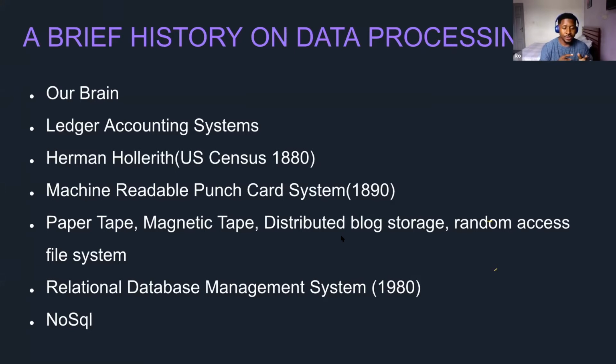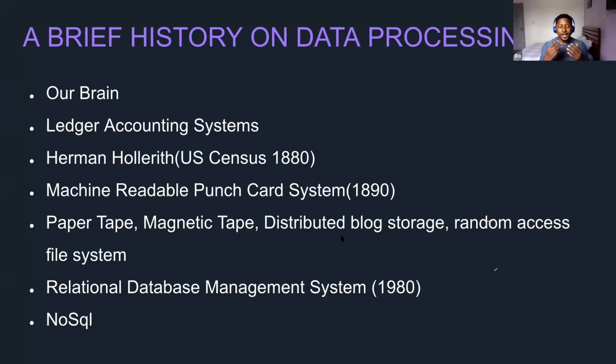These ledger accounting systems actually ran public and private workloads for millennia, up to 1880, where the US Census gave permission to a man named Herman Hollerith to take all this data that had been kept and process it using the ledger accounting systems.